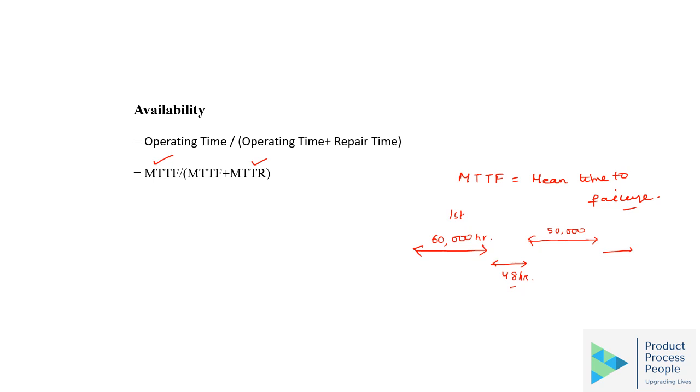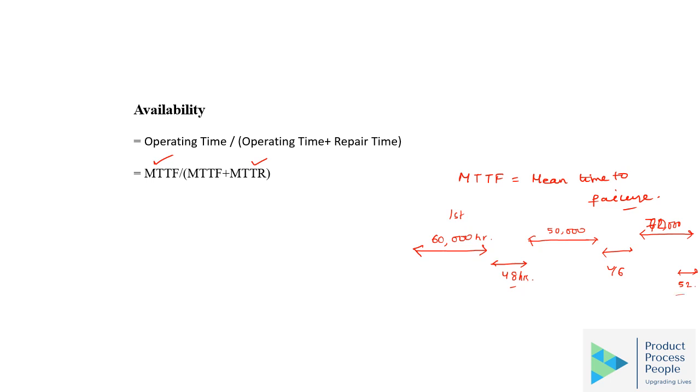And again there will be a repair, and the repair can be 48 hours or maybe 46 hours. Then there will be another operating period. Maybe this time say 70,000 hours, right? And after that there is again a repair, and that time the repair took say 52 hours.